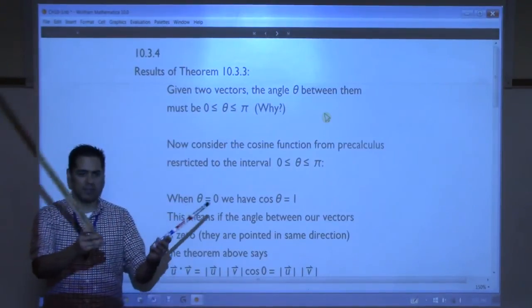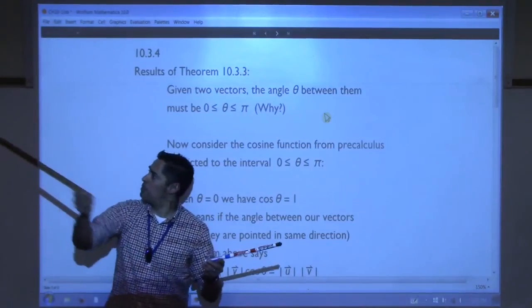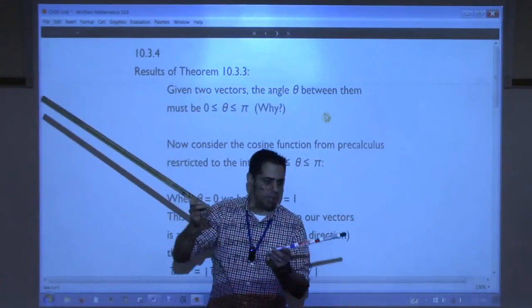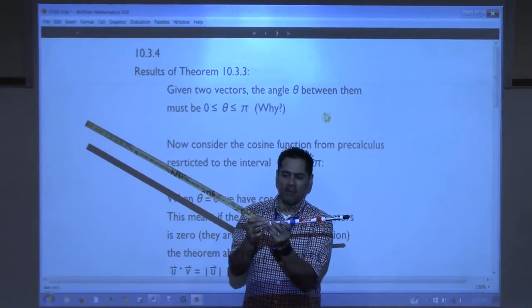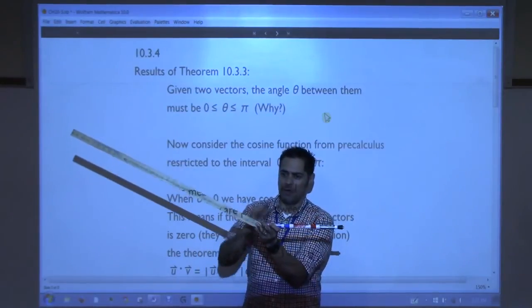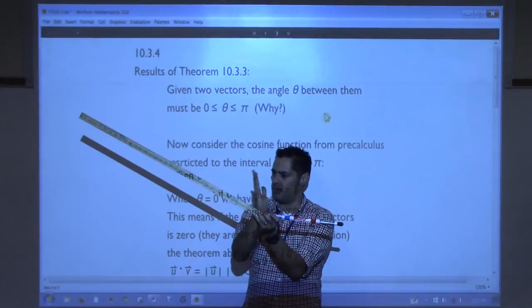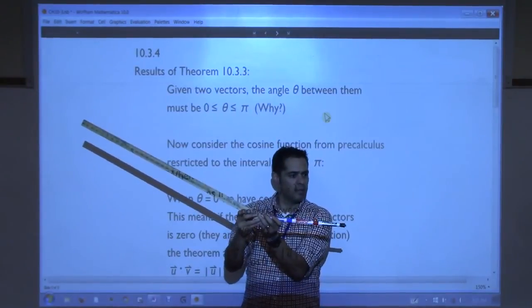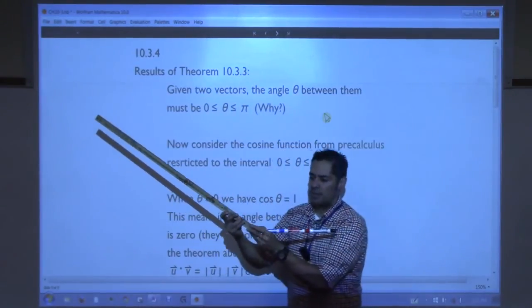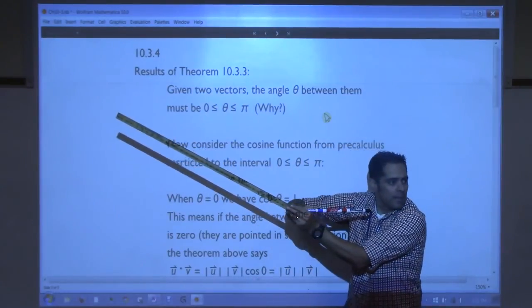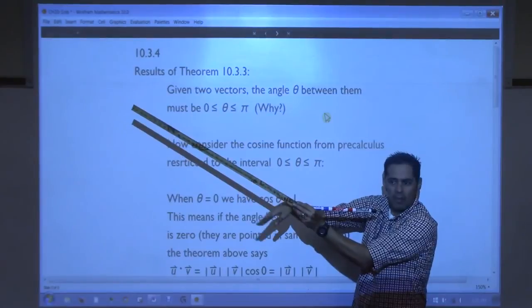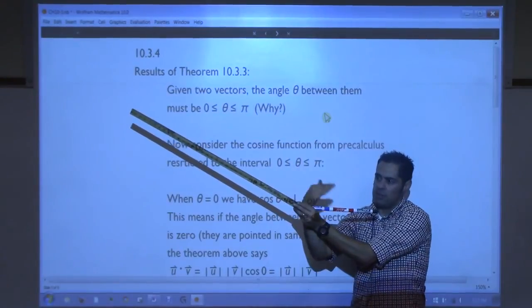So let's imagine this. I take these 2 vectors. That one's pointed over here. This one's pointed over here, right? If I take them and go tail to tail, the angle between them is between 0 and pi, isn't it? Yes? So when we say the angle between them, there's going to be a smallest angle. Because you could go this angle back this way, right? That would be bigger than pi. But the smallest angle is this one.